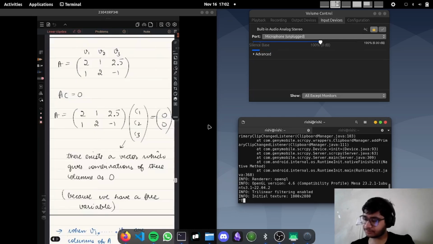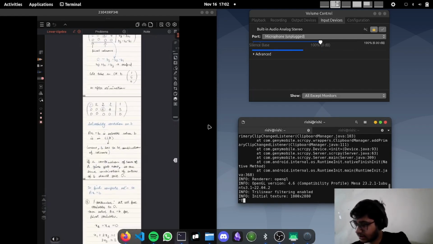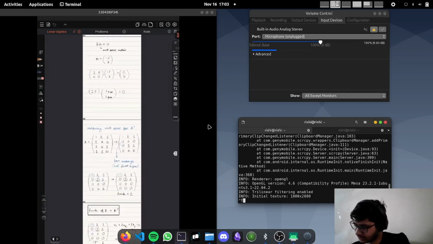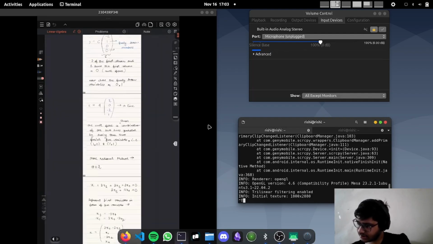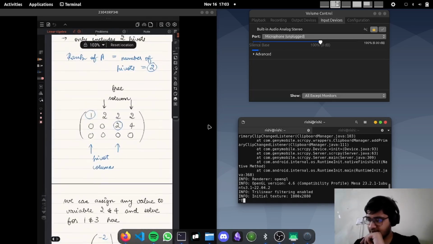Okay, let's revise once for a second how we calculated the null space, for more clarity. This is as simple as just reducing this to this form, or a row echelon form. So this is a row echelon form.